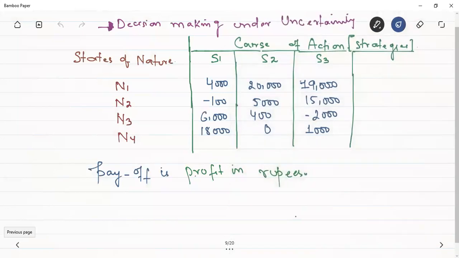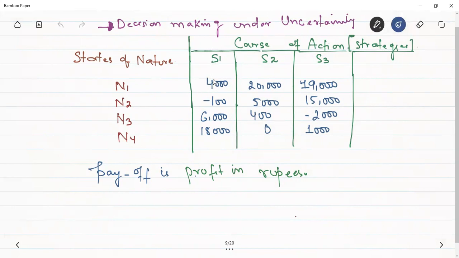See here, we have three courses of action or strategies: S1, S2, S3. What we are going to select here is, from each column of strategy or action, the maximum value and the minimum value.